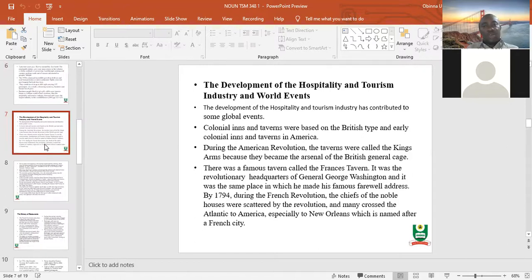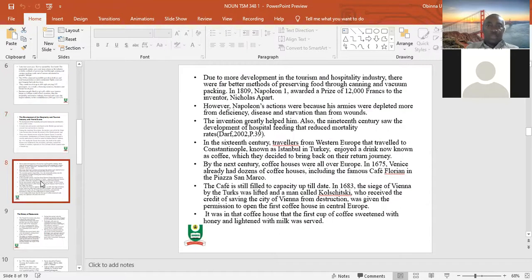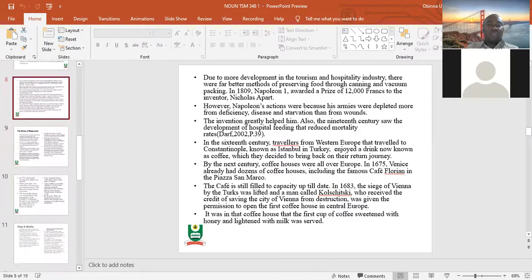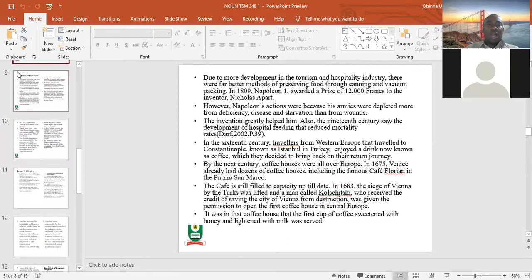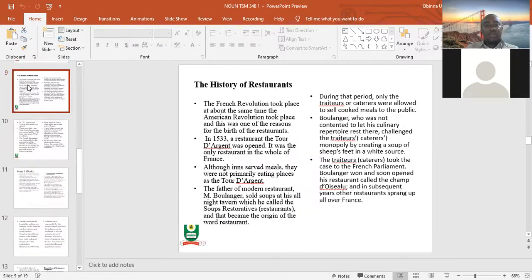So these developments took us far to a point. There were revolutions, and the industry continued to grow from strength to strength, providing food, accommodation, and transport.